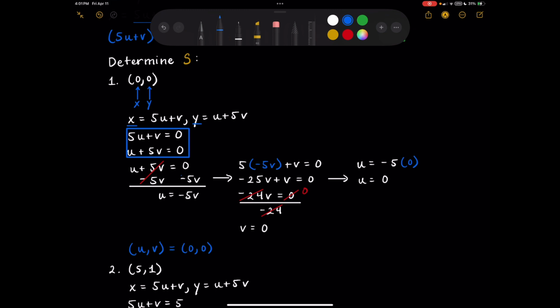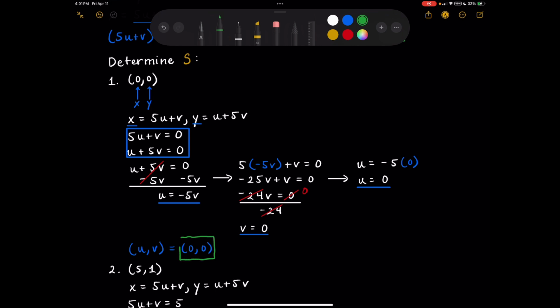So I took the second equation and solved for u and got that u equals negative 5v. I plugged that negative 5v into the first equation and got that v has to equal 0. And once I knew v equals 0, I brought that back to the equation u equals negative 5v, and got that u also has to equal 0. So our first vertex maps to (0, 0) in the UV coordinate system.